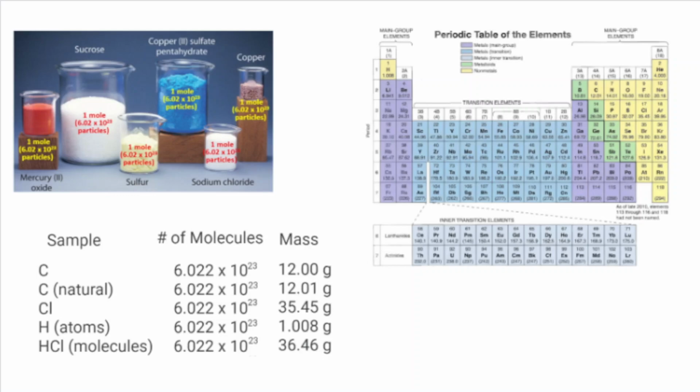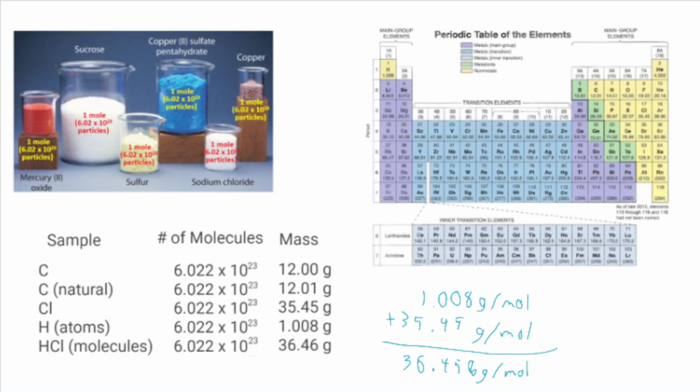So we just take the 1.008 grams per mole of hydrogen, add that to the 35.45 grams per mole of chlorine, and then that will leave us with a grand total of 36.458 grams per mole.